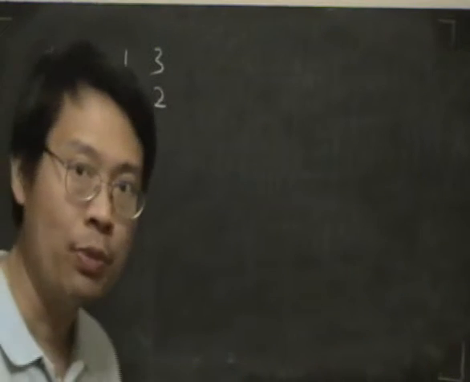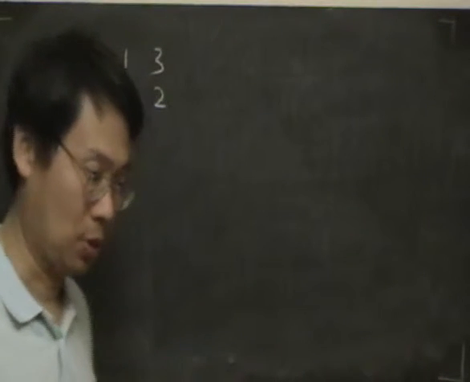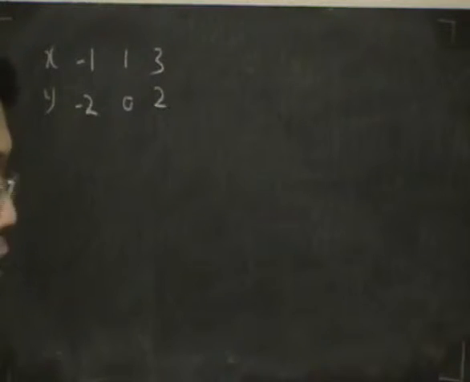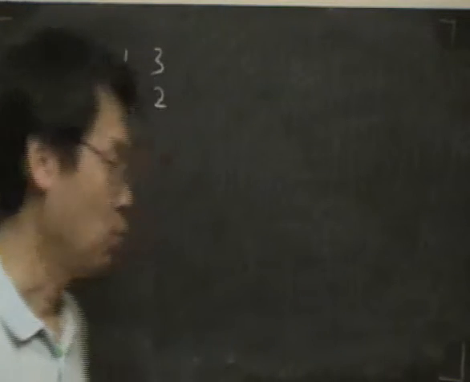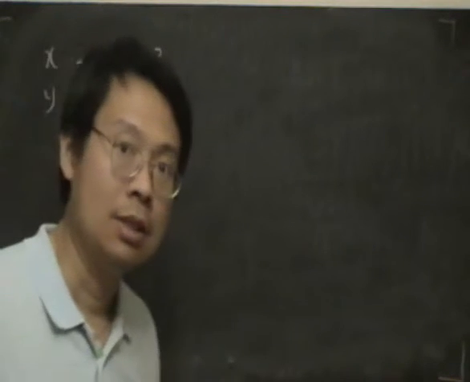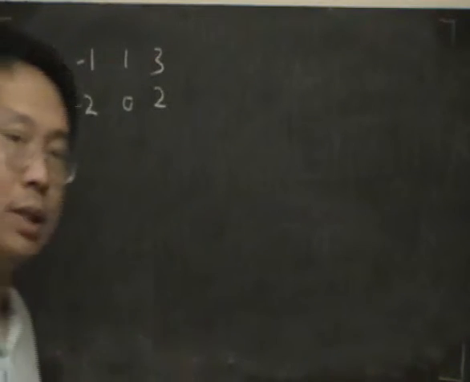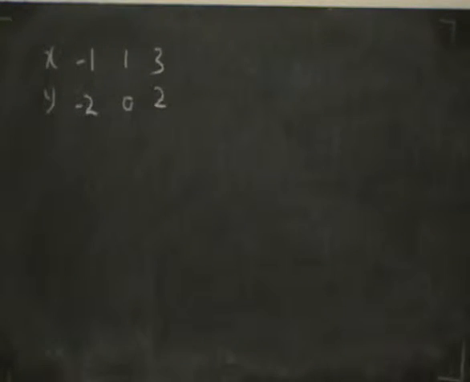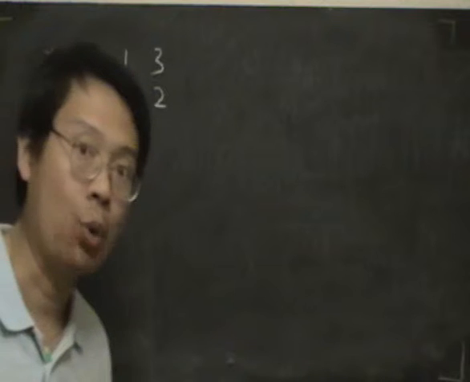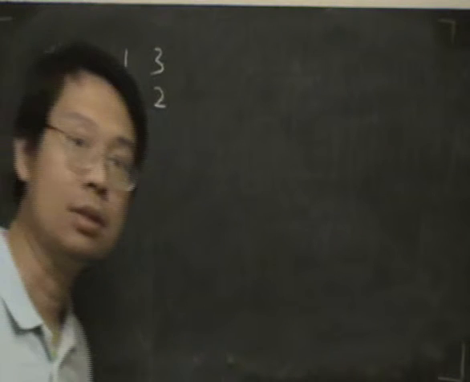Using this table, we know that we can plot a graph on a piece of paper. Suppose that when we plot the graph, we find that it is a straight line. So the question is, from this graph, how can we write down the equation for this straight line? In other words, what is the equation that relates x and y?